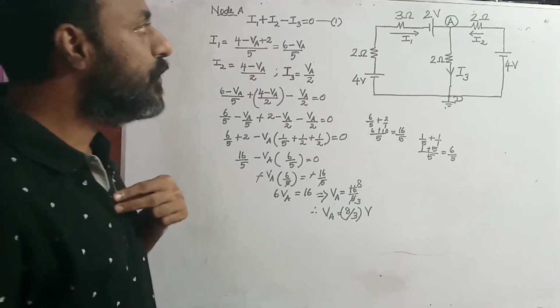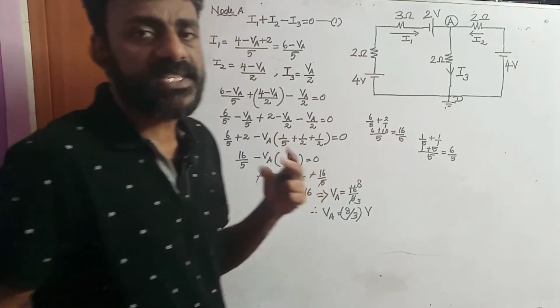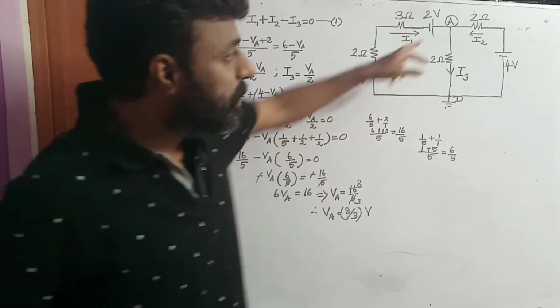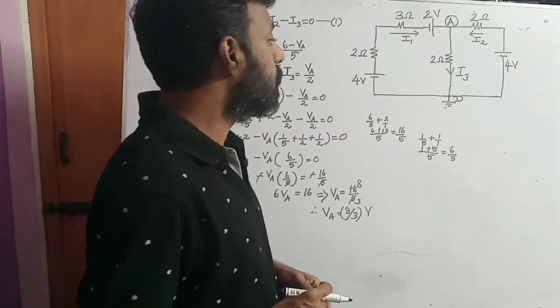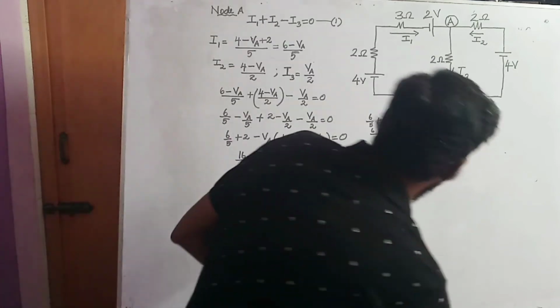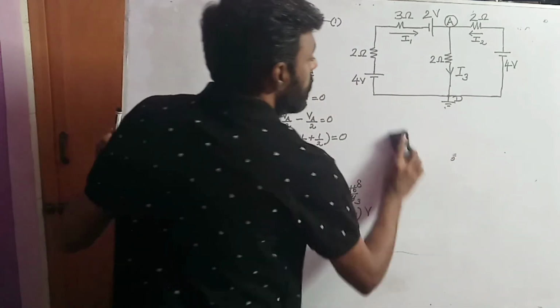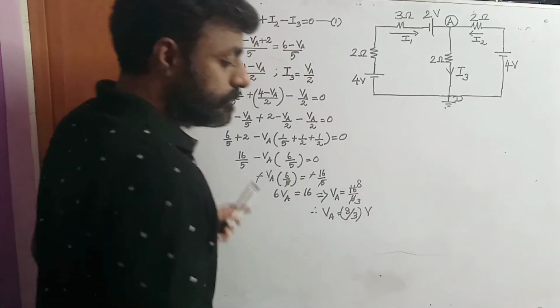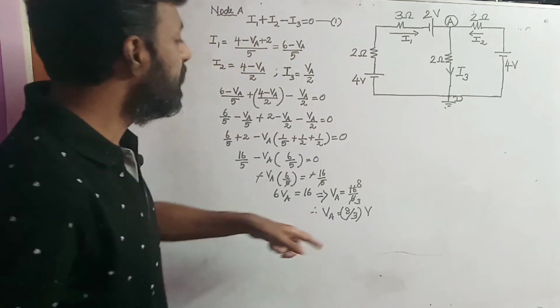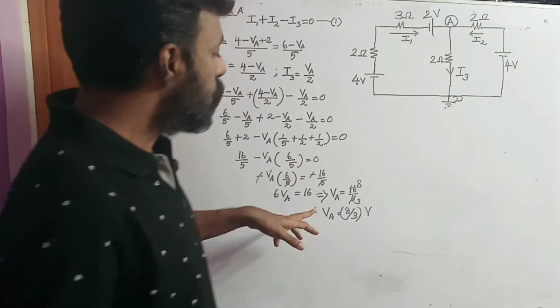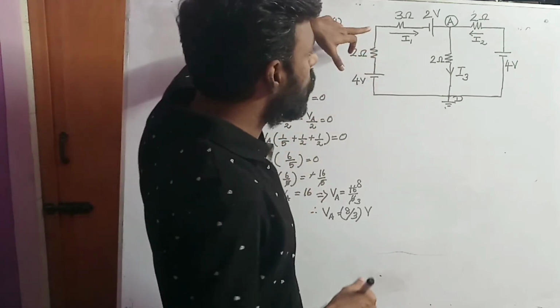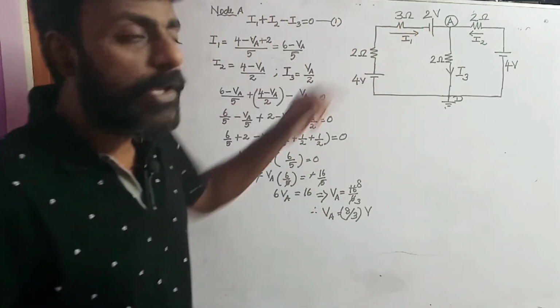So the value of VA, the voltage that has been developed at this node A, is 8 divided by 3 volts. Right. So now we have found VA. We need to find the value of the current that is flowing through this 3 ohm resistor.